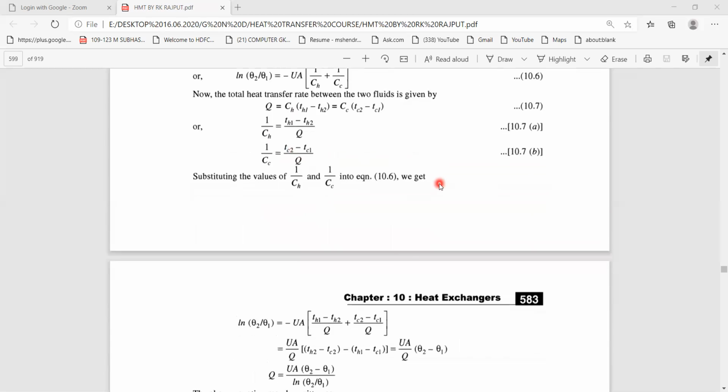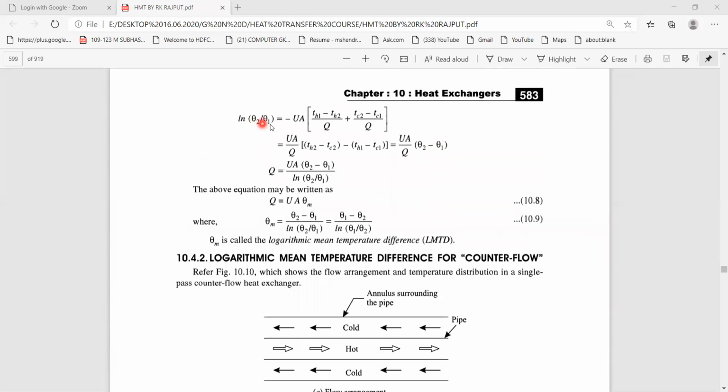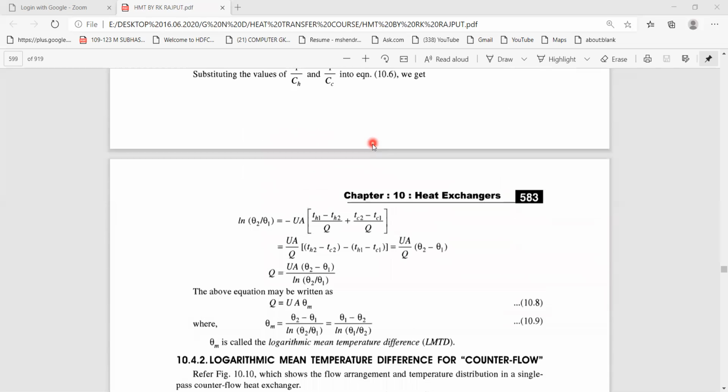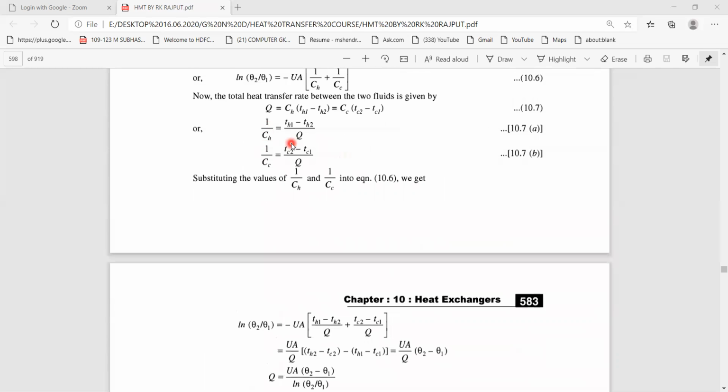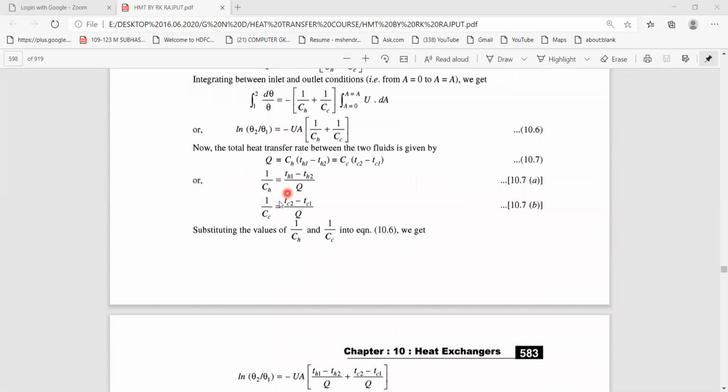Now ln of theta 2 by theta 1 equals minus UA into (Th1 minus Th2), because we are substituting 1 by Ch here and 1 by Cc equals this much here.